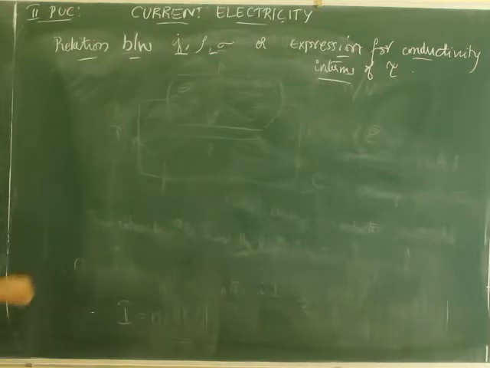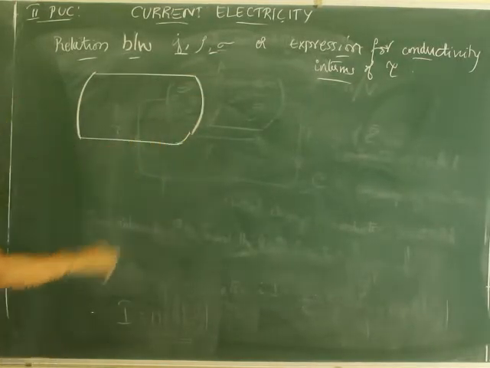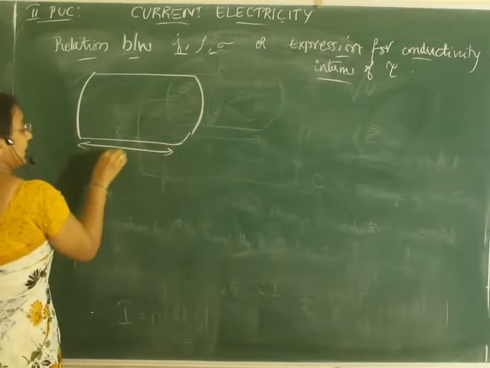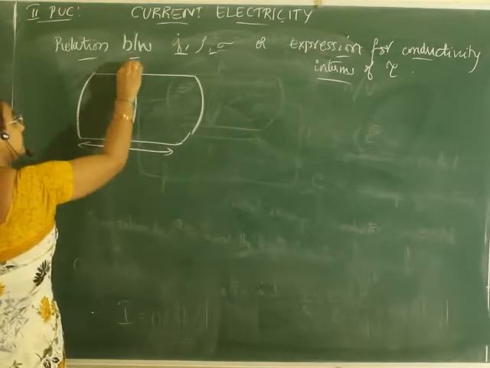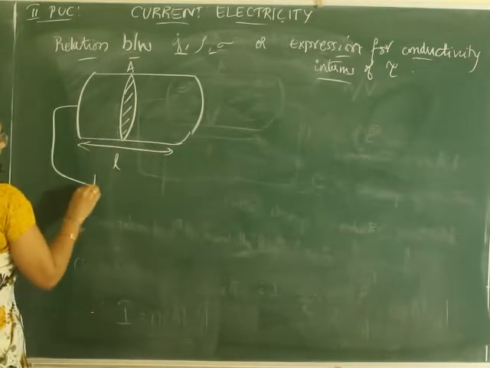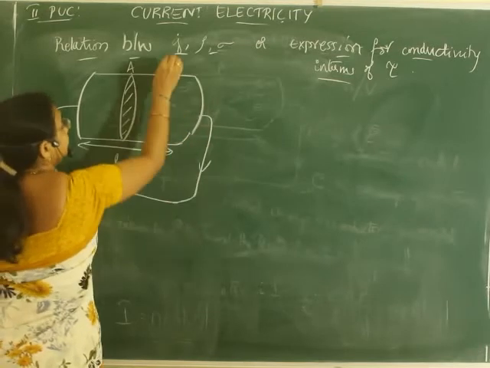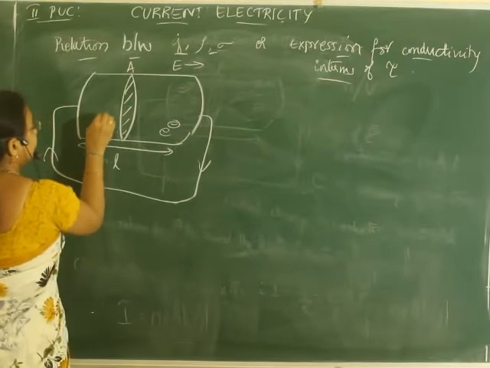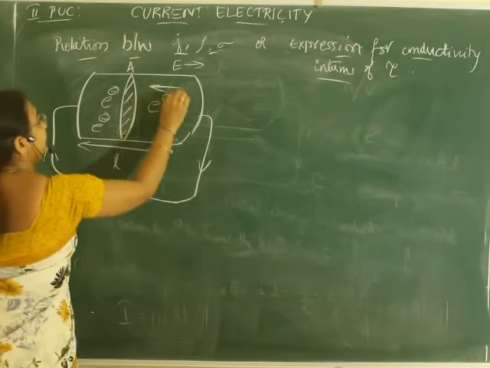Now, what do we have to do? Let us consider a conductor of length L, area of cross section A. When an external electric field is applied, electrons will be drifted with the velocity Vd.